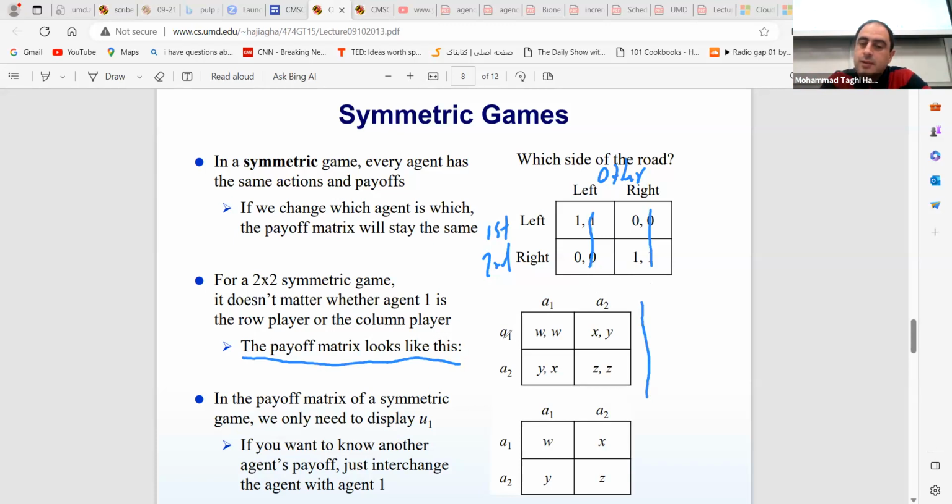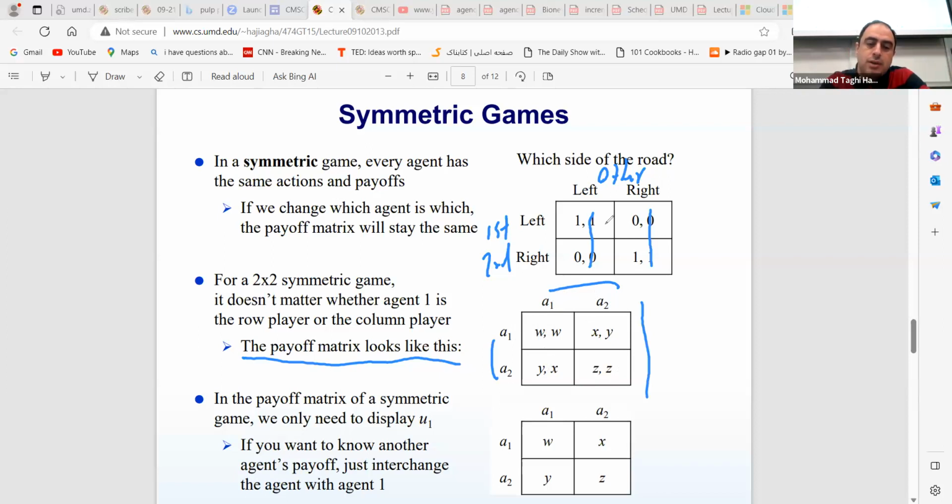If we don't say which player and we don't say which action, the actions are the same: A1, A2, A1 and A2. Here, if both of them take A1, they get W and W. And if A2, A1, it would be Y, X, and so on and so forth. So that would be a typical form of it.